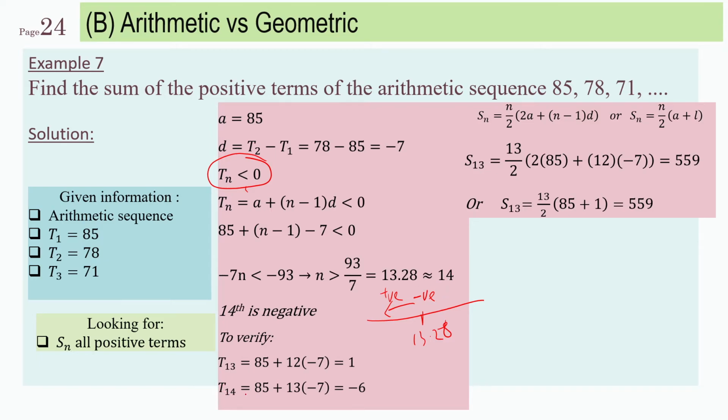If I substitute 14, I will have the first negative value. So T14 is my first negative, which means my 13 is my last positive. So I just sum the 13 terms, then I get my answer.